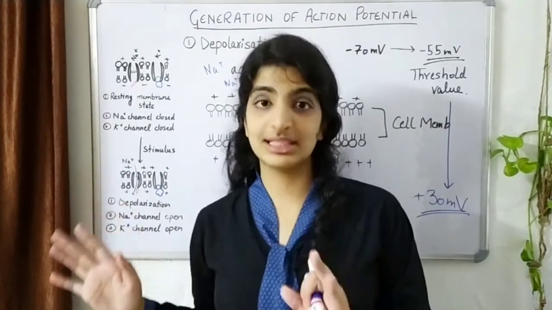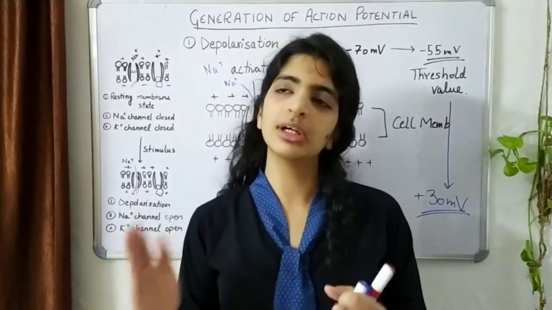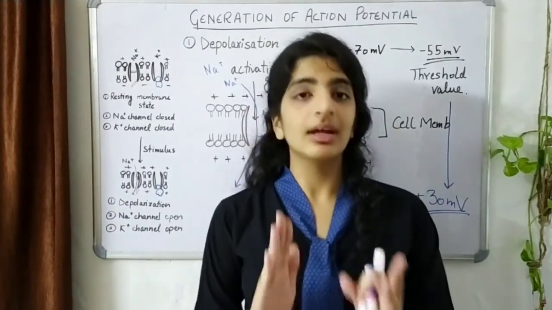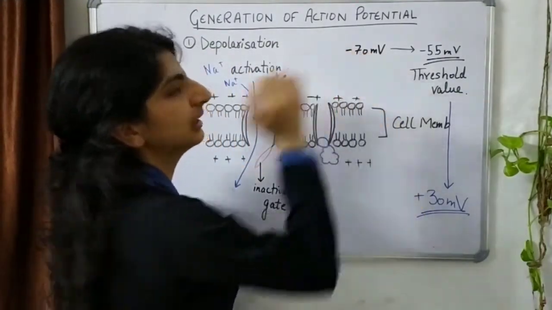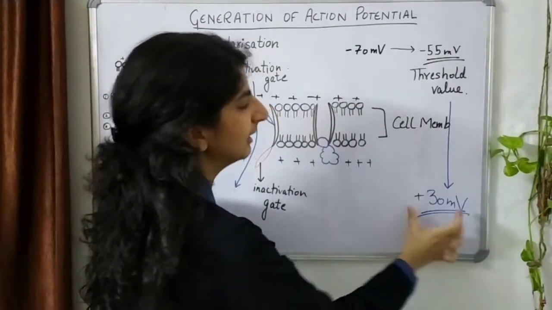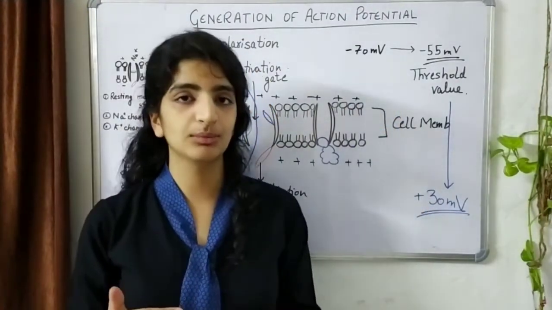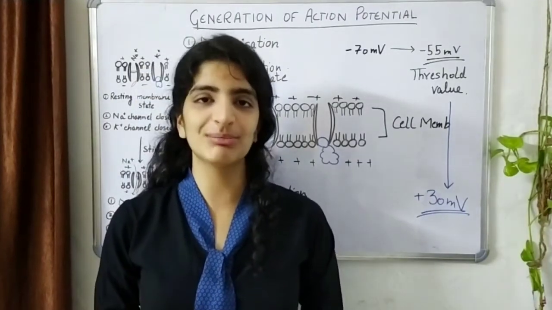You'll look around, you'll see what happened. Most probably, you'll realize there was nothing much, and you'll go back in. Similarly, this membrane has to come back to its original minus 70 millivolt, which means that its polarity will start increasing now. That stage is known as repolarization of the membrane.